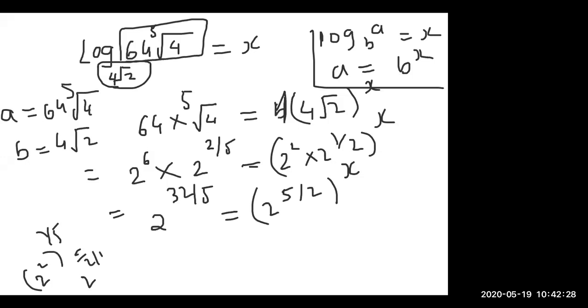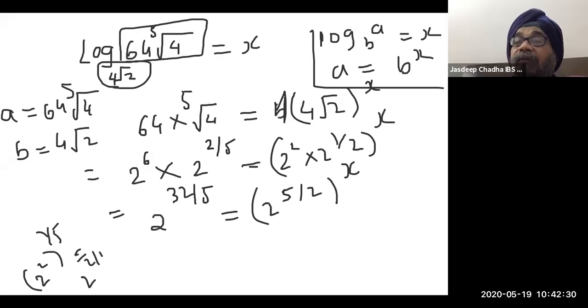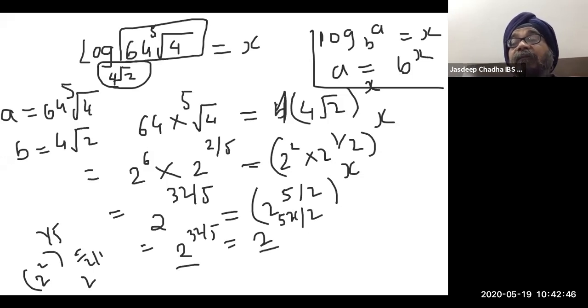Now, when we get this, let us simplify it further. So it will be 2 to the power 32 by 5 equal to, now on the right hand side the powers will get multiplied. It will be 2 to the power 5x by 2. Now the bases are same. Equate the powers.